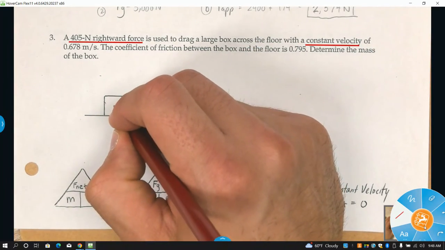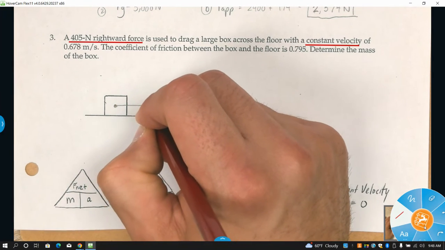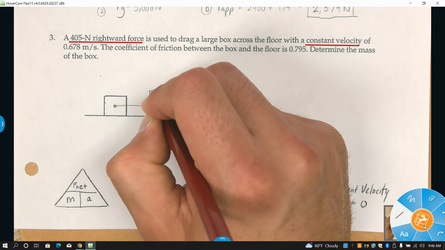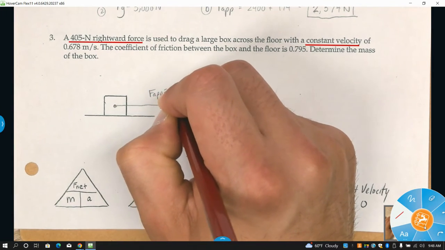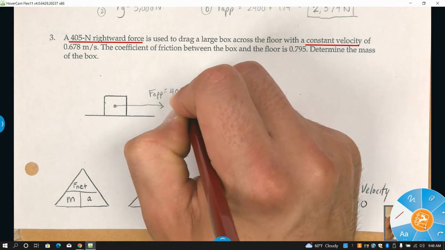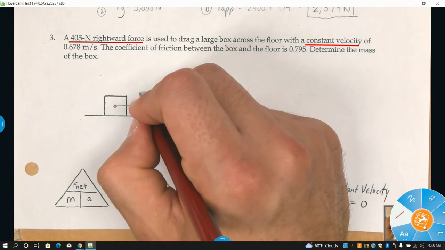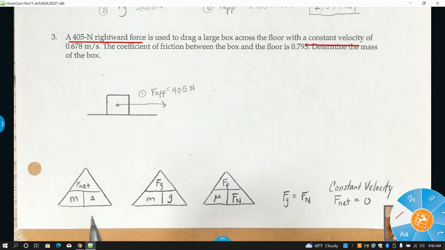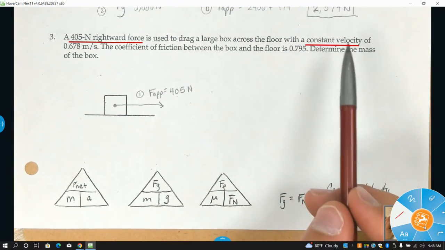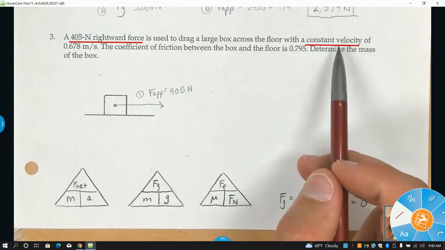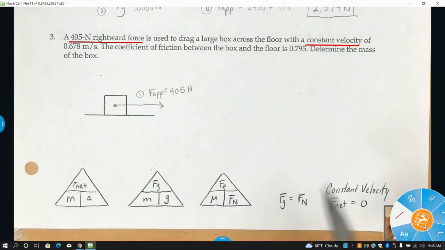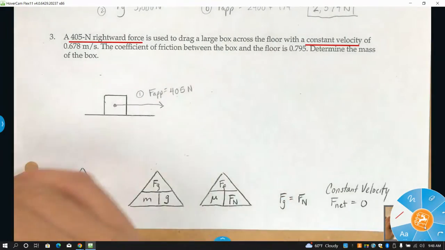So the first thing I would then wind up doing is I would draw in my applied force to the right. And now realizing that I have something moving at a constant velocity, that means the net force has to be 0. So everything has to balance.